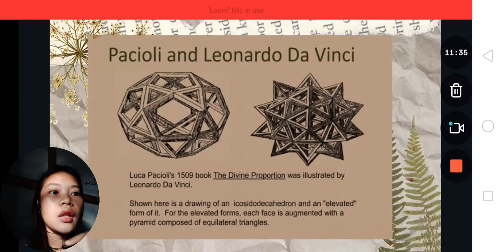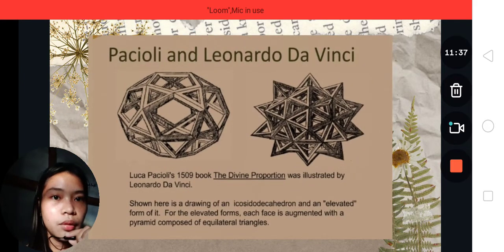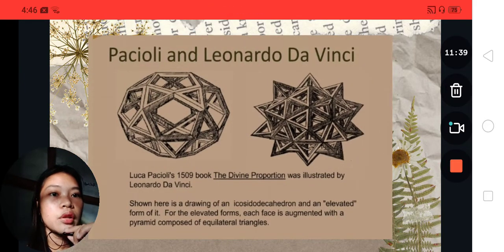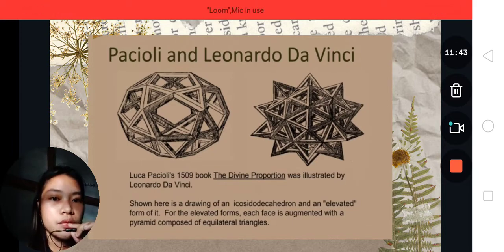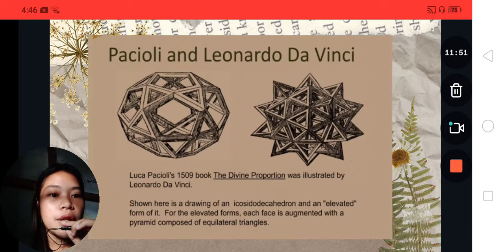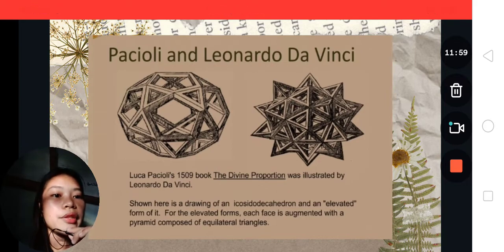Then, Leonardo da Vinci. The 1500 book The Divine Proportion was illustrated by Leonardo da Vinci. Shown here is a drawing of an icosahedron and an elevated form of it, where for the elevated form, each face is augmented with a pyramid composed of equilateral triangles.